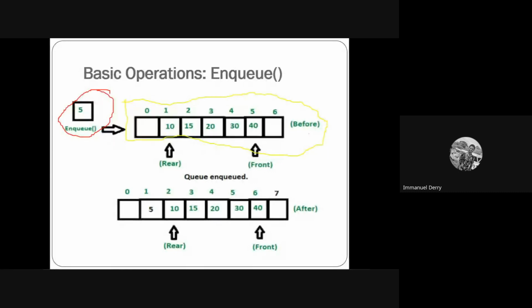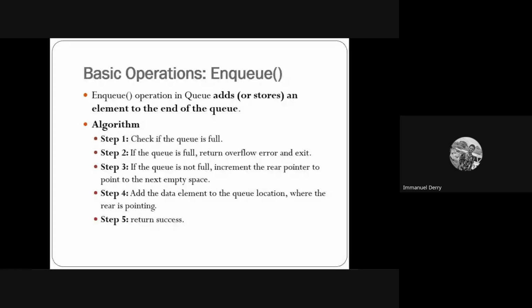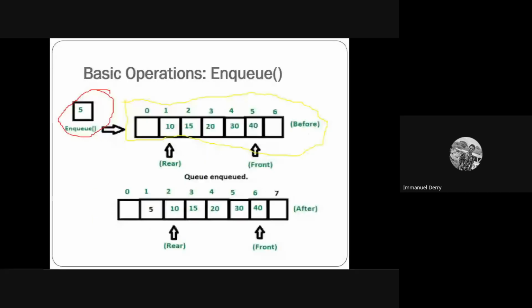And in the algorithm, we said earlier that if the queue is not full, then we have to increment the rear position to point to the next empty space. So obviously what we are trying to do now is to point this particular arrow here onto this next space, which is this one here.